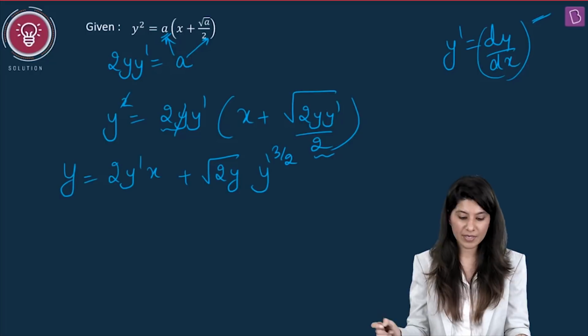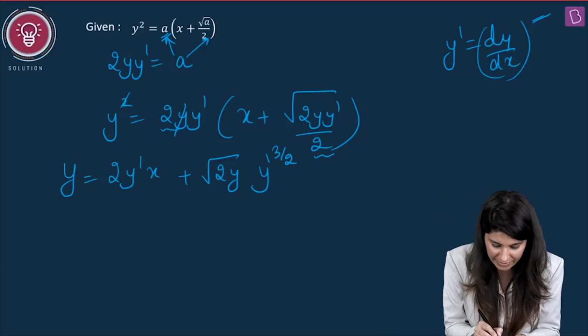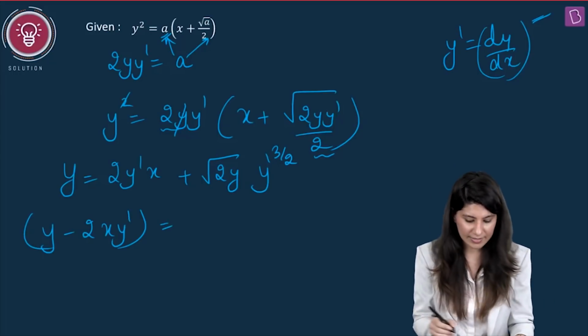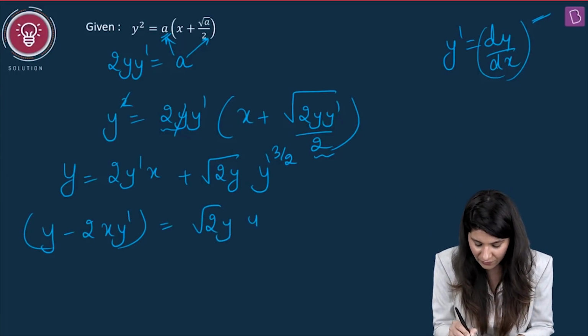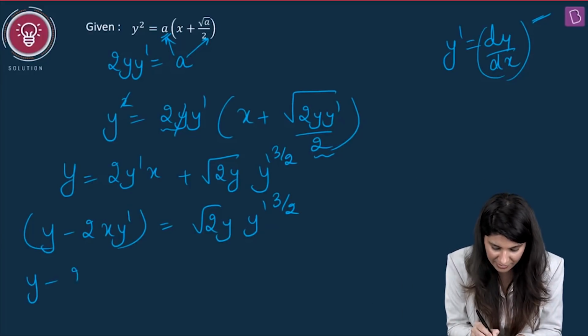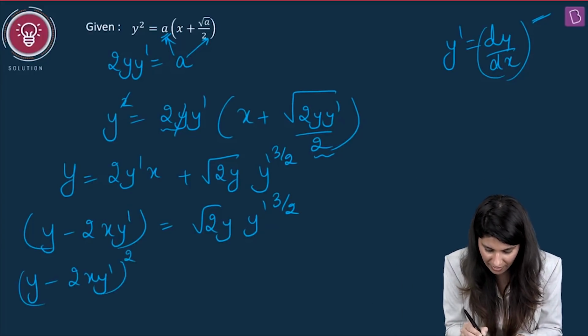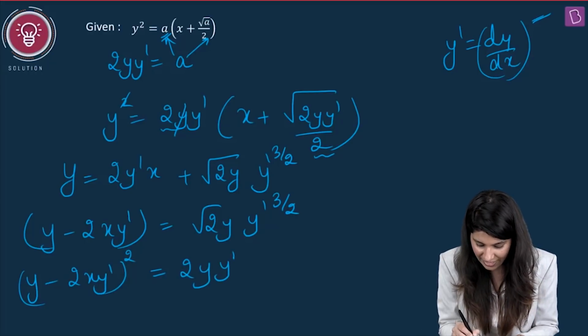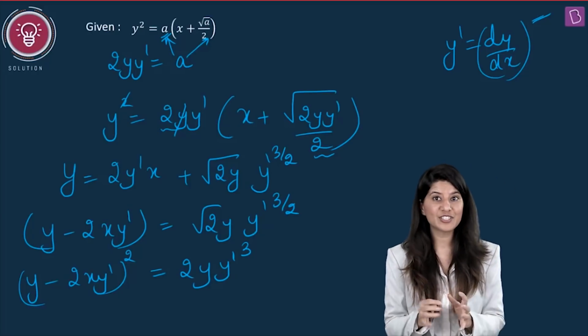I need a whole number in power of y dash. So what I'll be doing is y minus 2xy dash in one bracket, and then on the right hand side root 2y dash 3 by 2. Let's just square both the sides. So I have y minus 2xy dash square, and then we have 2y dash cube. Y dash cube.